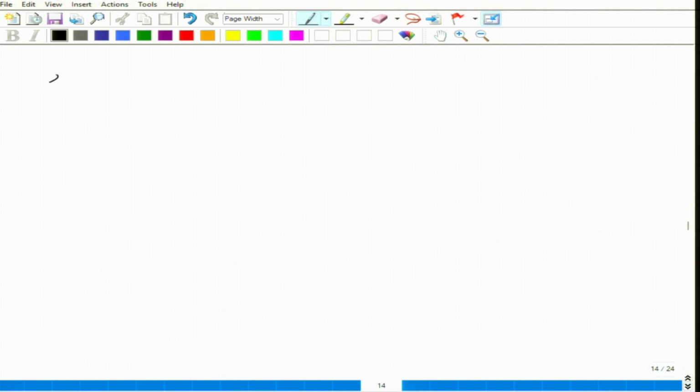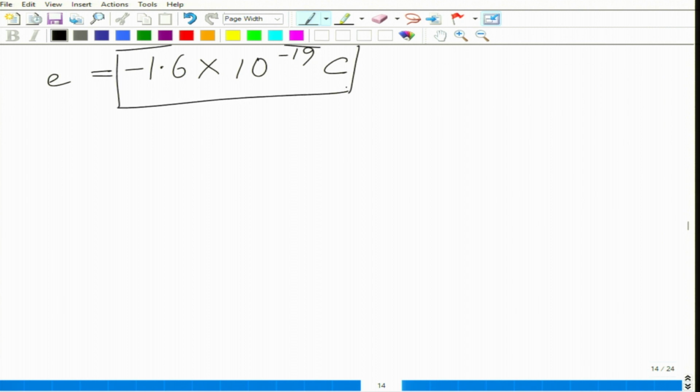The charge of the electron was calculated to be minus 1.6 into 10 raised to minus 19 coulomb. This is not exactly 1.6, there are many numbers after this, but this is the widely accepted value. And since the electron is negative, the charge is written with the minus sign.